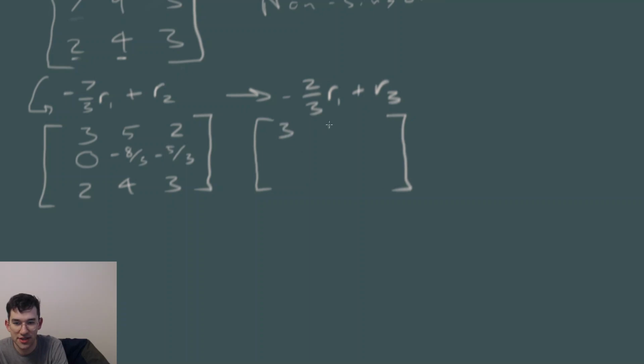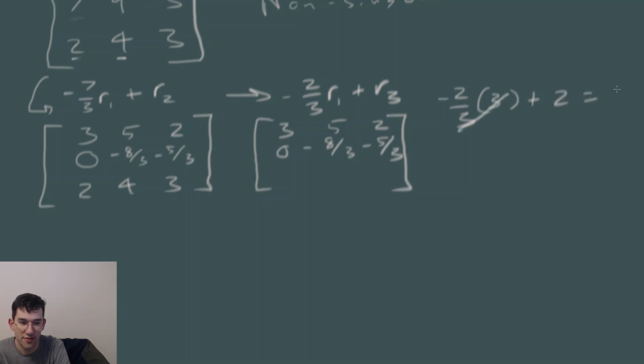Write down the rows that don't change. Now the last row. Negative 2/3 row 1, which is 3, plus 2. 3's cancel, negative 2 plus positive 2, 0. That's what we wanted, 0.